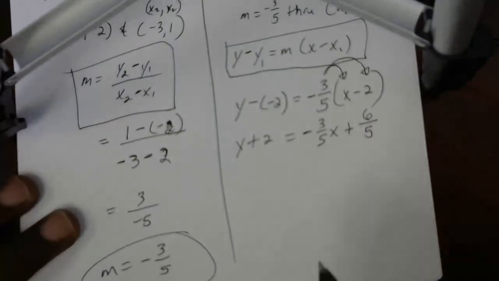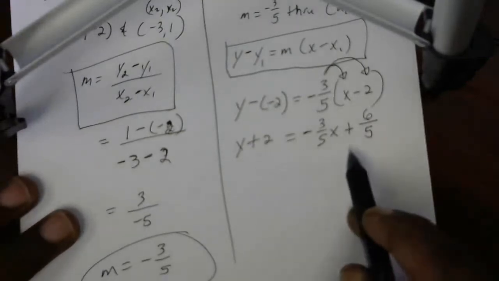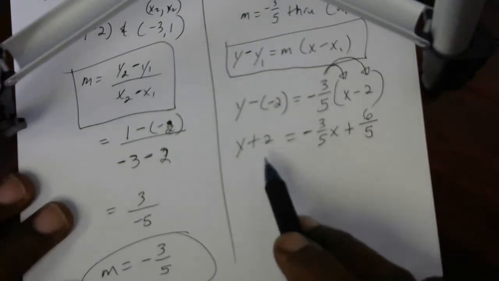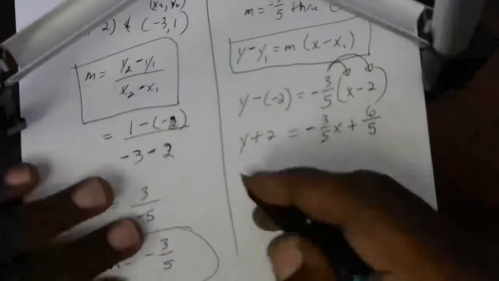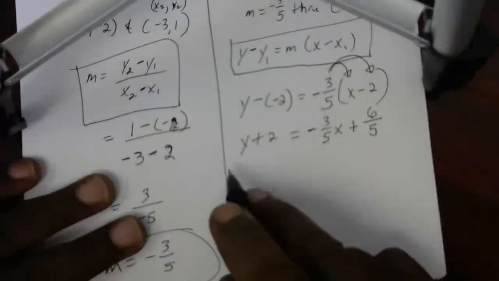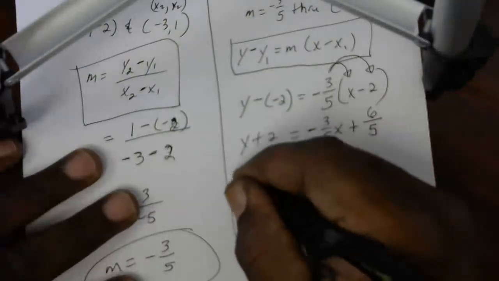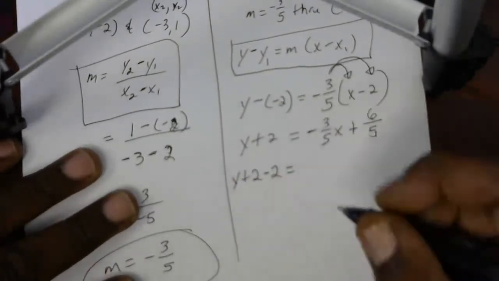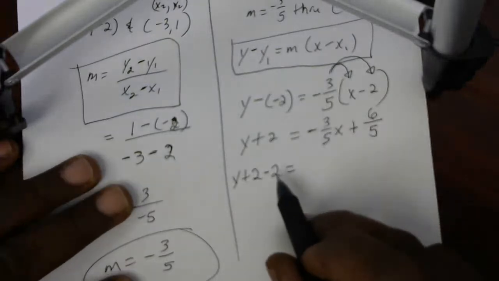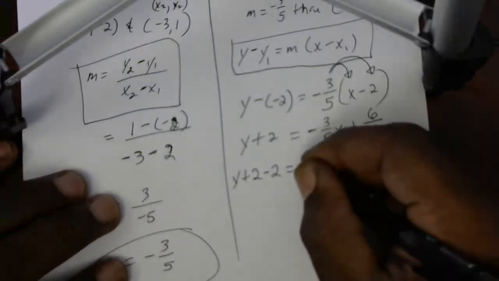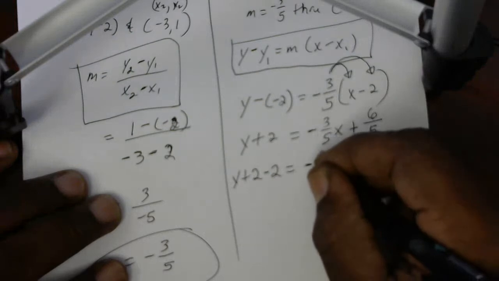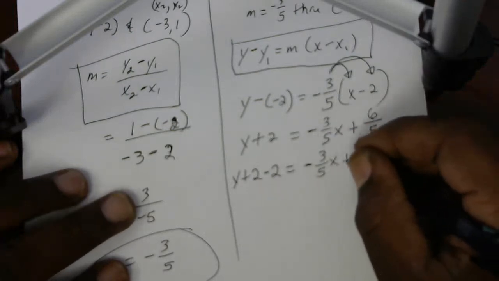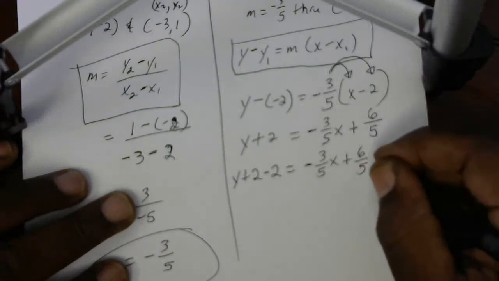So now I need to solve it for y. I am going to subtract 2 from both sides. I'm actually going to write this step so you can see what I'm doing. So y plus 2, I'm going to subtract 2 from the left-hand side. I'm going to bring down -3/5 x plus 6/5.